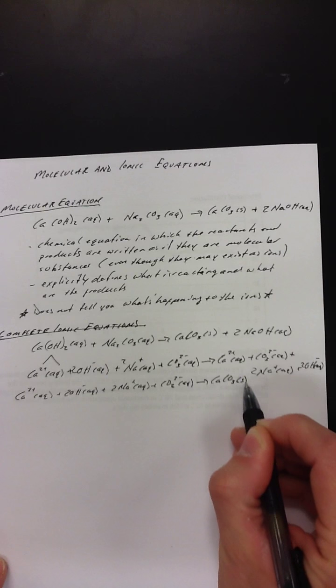So for example, if the substance is a soluble ionic compound, it probably dissolves as individual ions, so it is a strong electrolyte. In a complete ionic equation, you represent the compound as separate ions, as we've seen before.